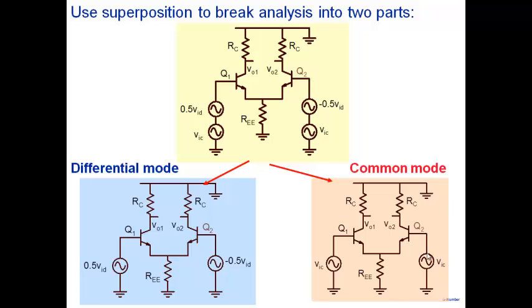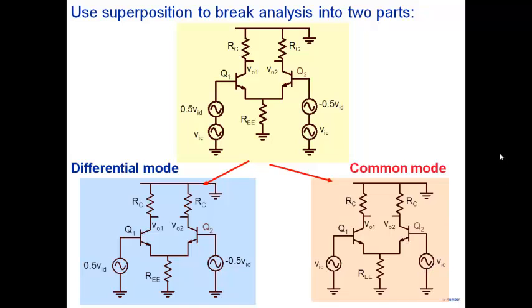So if we determine V01 with VIC only, and we determine V01 with VID only, then we can sum them up and get V01. So superposition will allow us to determine V01 by solving for V01 where the signal is only differential mode, and for V01 where the signal is primarily common mode.